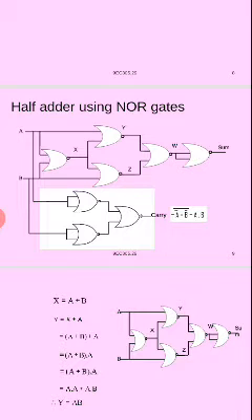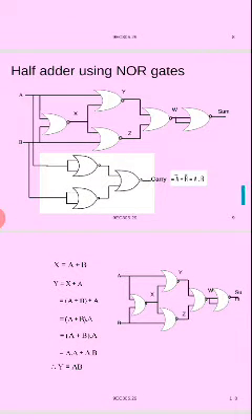A and B are the inputs. Here the first NOR gate output is X, the second one's output is Y, the third one's output is Z, the fourth one's output is W, and the final output is sum.